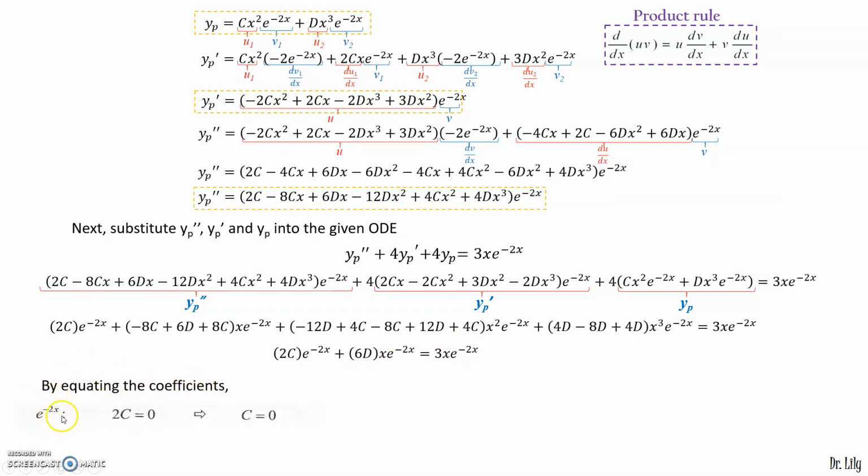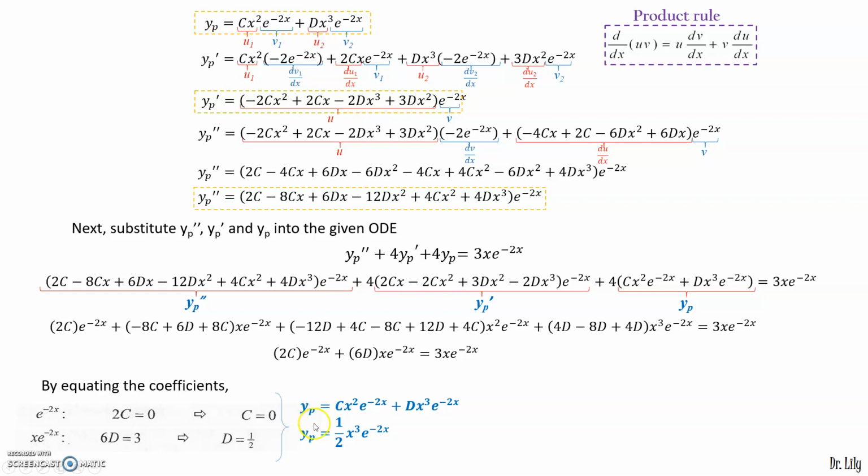For the first coefficient, which is exponential -2x, 2c is equal to 0, because on this side you don't have the coefficient of exponential -2x. So 2c equal to 0, so c is equal to 0. For the second coefficient, 6d is equal to 3. So d is equal to 1 over 2.